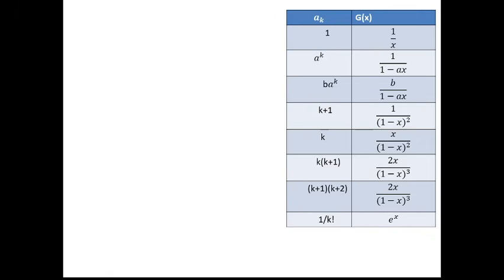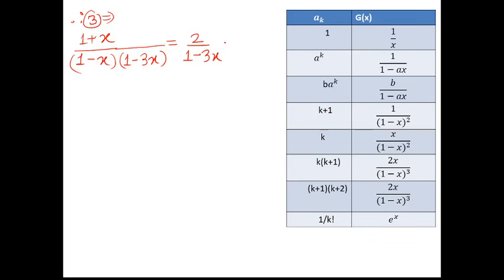So substituting, equation 3 implies 1 plus x upon 1 minus x into 1 minus 3x is equal to 2 upon 1 minus 3x minus 1 upon 1 minus x.